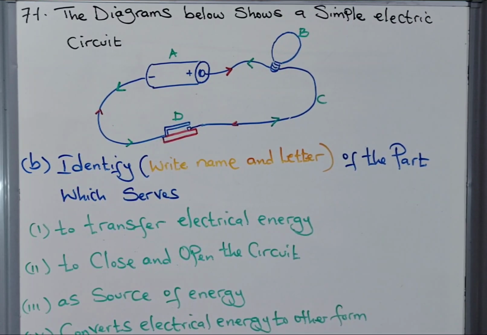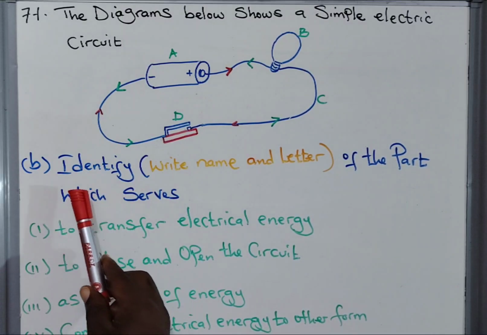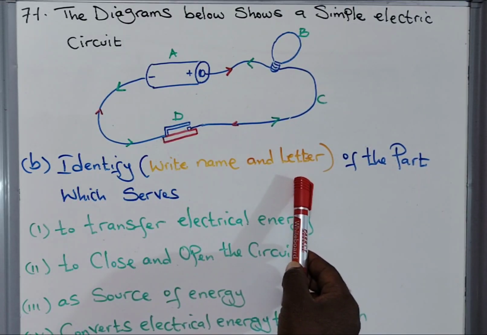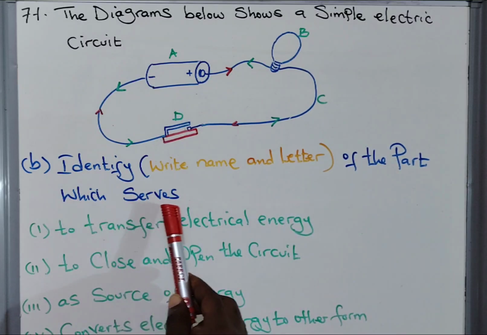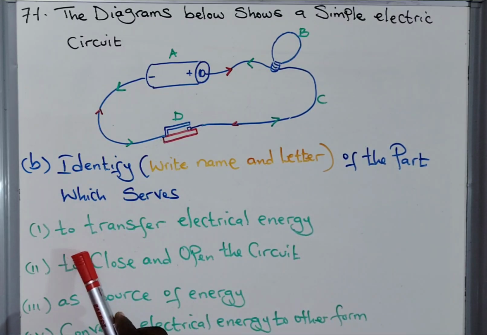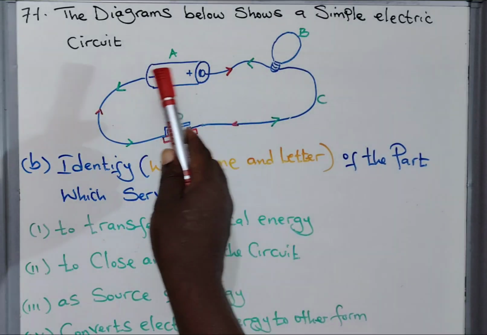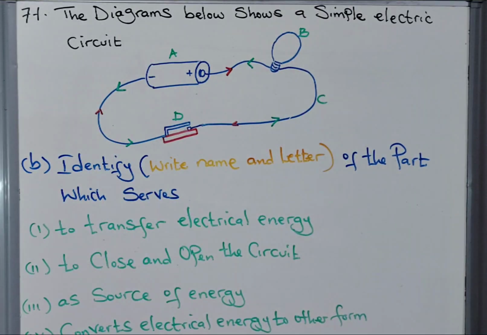Then we come to this question. It says, identify, write name and letter of the part which serves, one, to transfer electrical energy. Which part of the circuit serves to transfer electrical energy?